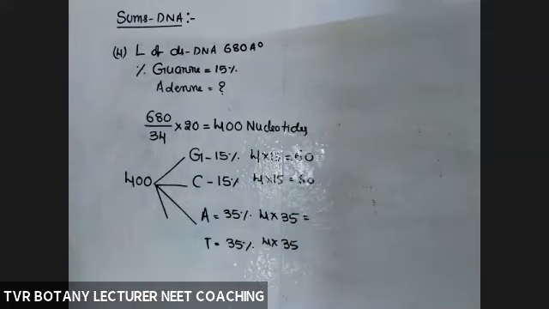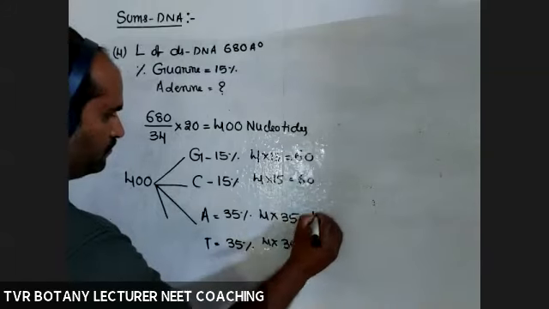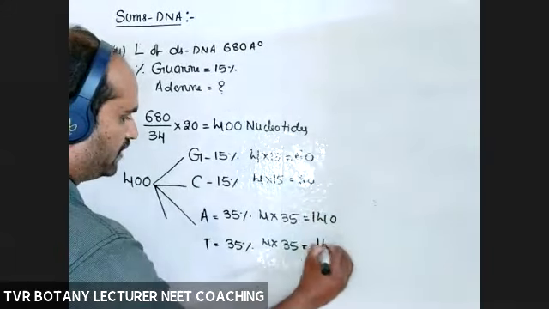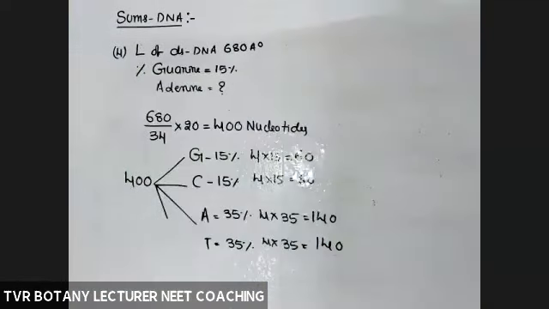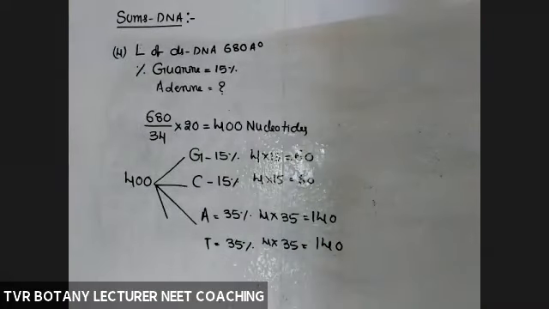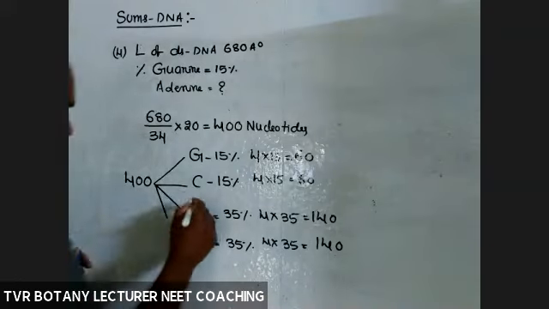How much? 140. Yes, 140. Now calculate all: 100, 200, 300, 400. What are they asking? Adenine. So adenine number we got it. So adenine is 140. Who got 140? 140 is the answer.